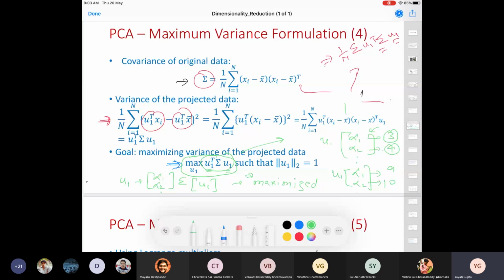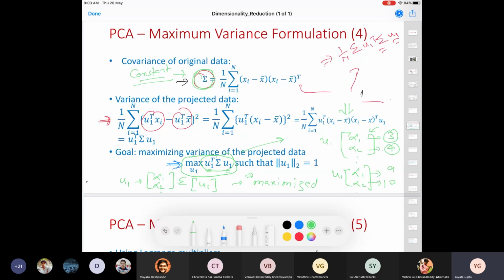Your variance, this sigma term that you see, this original variance, is going to be a constant. Do you agree or not? It is not going to change because the variance for the data set given to you would remain a constant.